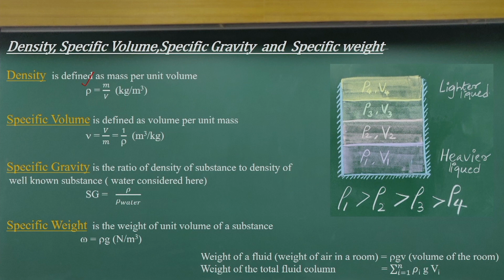The very simple way, if I know the volume, we can convert it, and there are tabulated values available for that. But there are problems, like in gas flow, where we do not talk in terms of mass per unit volume. Here mass is a fixed quantity, that means we look at the volume per unit mass.